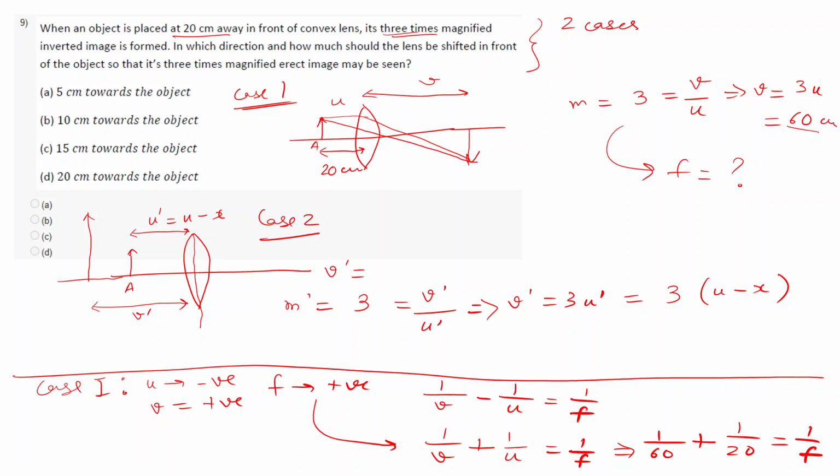For the second case, this is object and this is image. So that means for the second case, U is negative, V is also negative, and focal length is positive. Okay.